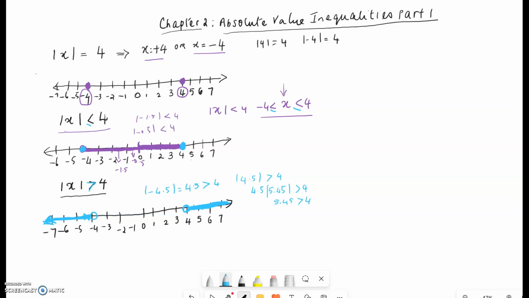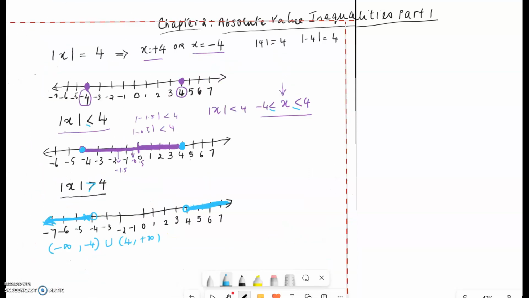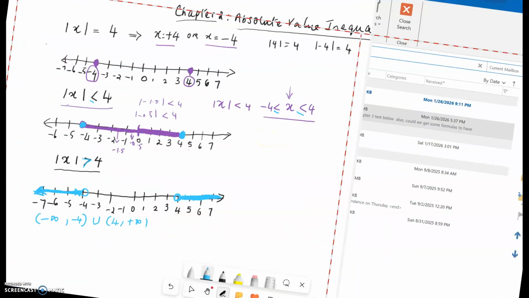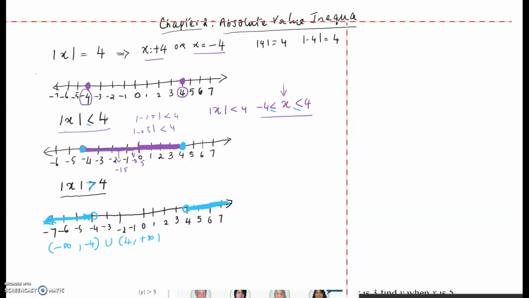So let's look at the intervals that would be the solution of this inequality. It would be all real numbers to the left of -4, so that's -infinity to -4, combined with, or union, any number from 4 to +infinity but not including 4. So that would be the solution to this inequality in interval form.